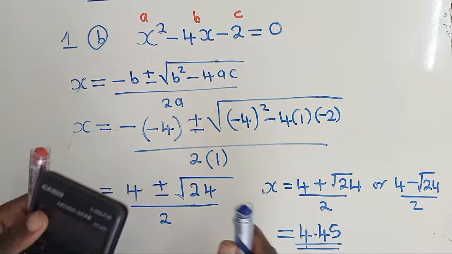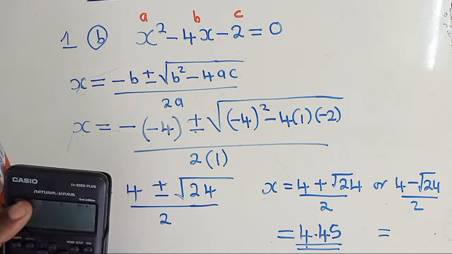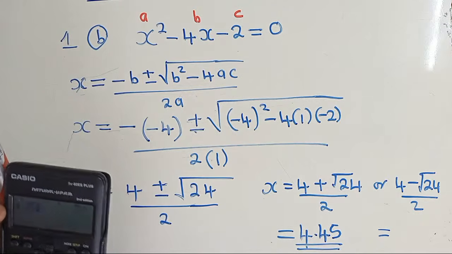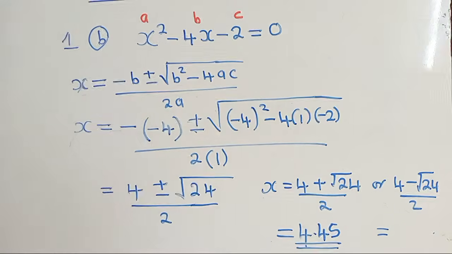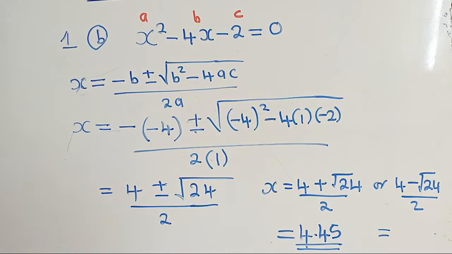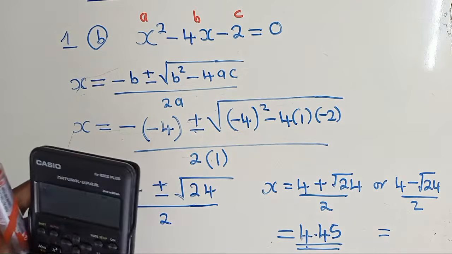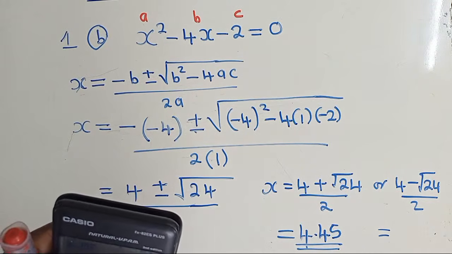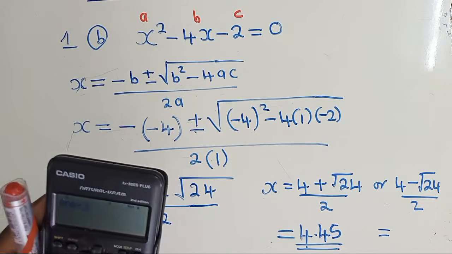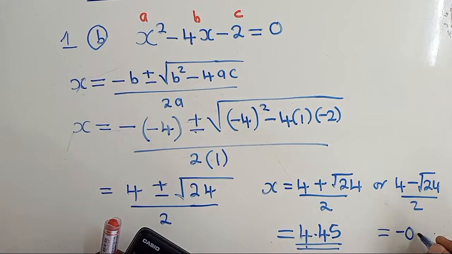And for the next one, 4 minus root of 24, divide by 2, your answer will be negative 0.45.